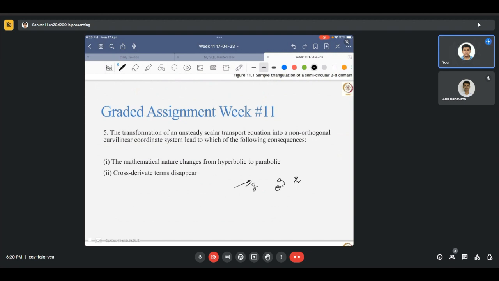And when the transformation of an unsteady scalar transport equation into a curvilinear coordinate system takes place, what happens is what being asked in the question. The first option is the mathematical nature changes from hyperbolic to parabolic, and second, the cross derivative terms disappear. Which of the following is the correct answer here?